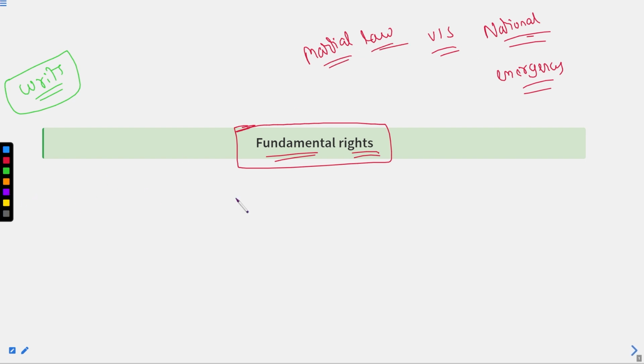So if we talk about the writs, we know that there are 5 writs provided in our Constitution.